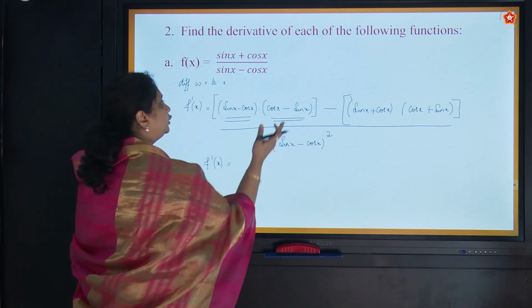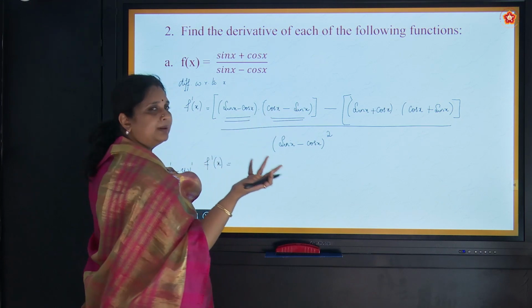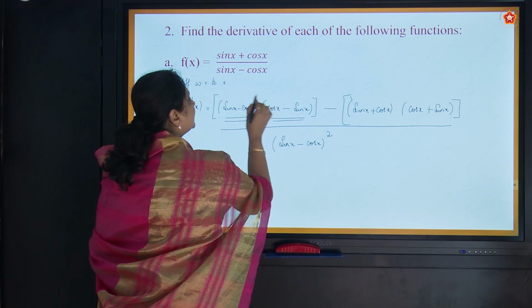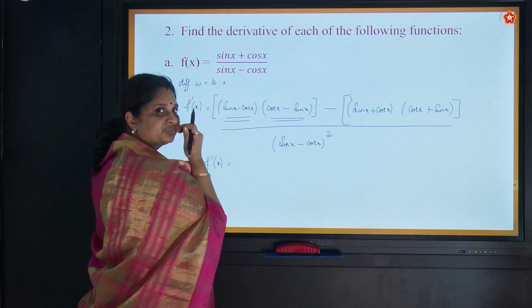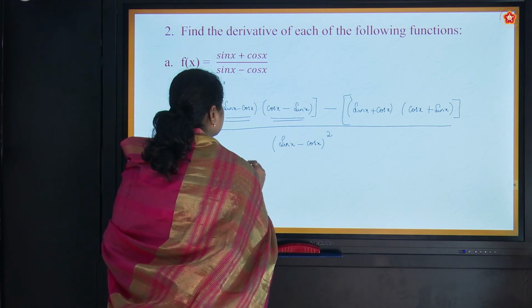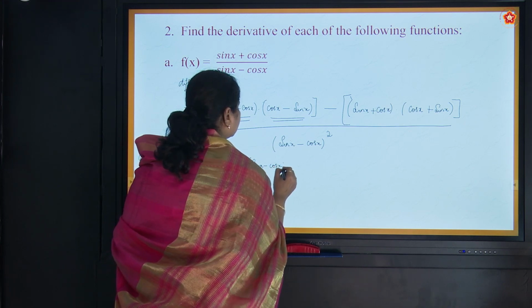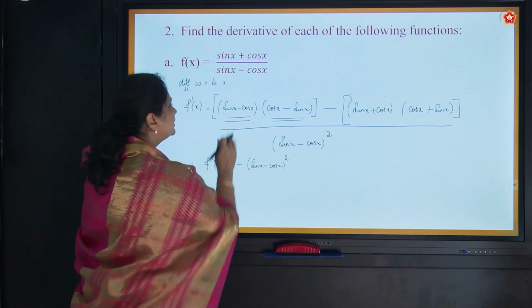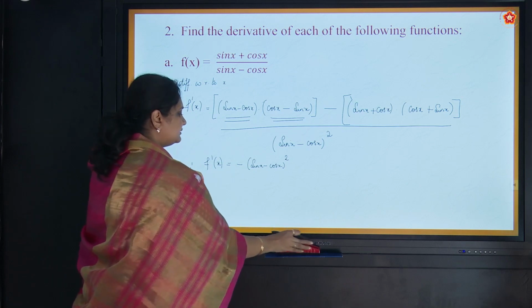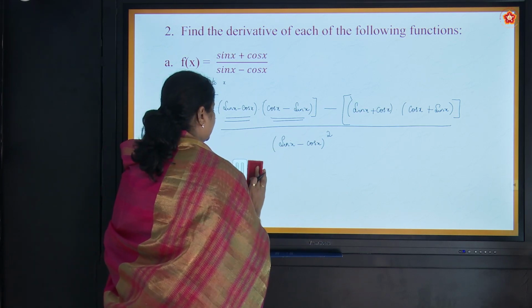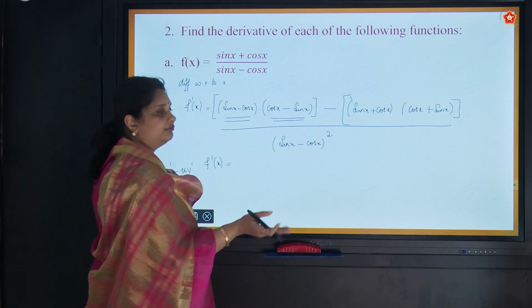Let me open it up and multiply, or you take the minus sign outside and this becomes minus of sin x minus cos x the whole square. If you don't understand this, multiply inside and open the brackets. I'll teach you that if it looks easier for you.